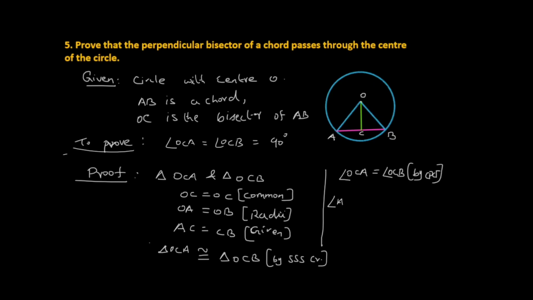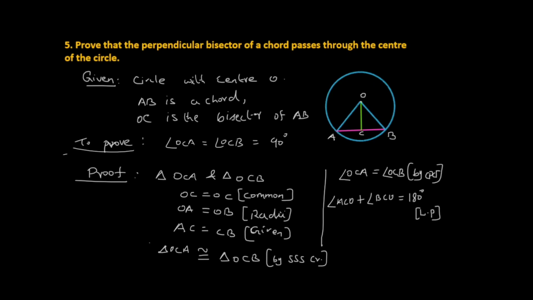Angle ACO plus angle BCO is equal to 180 degrees since they are a linear pair. Linear pair means two adjacent angles whose sum is 180 degrees.